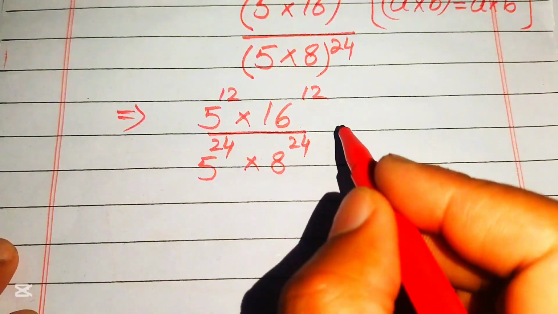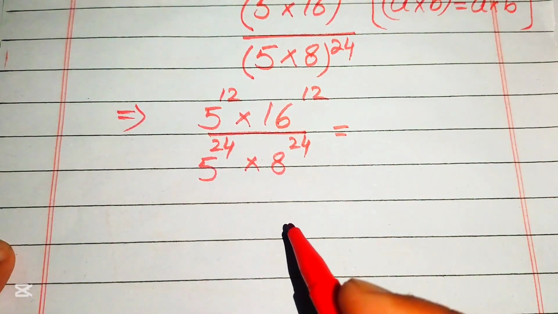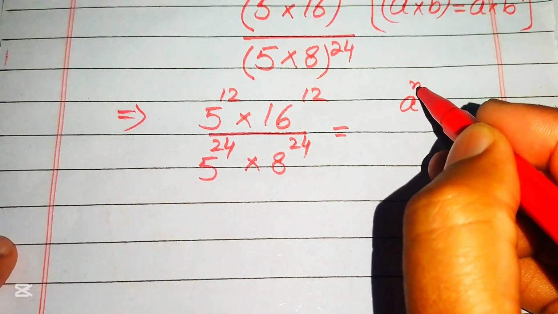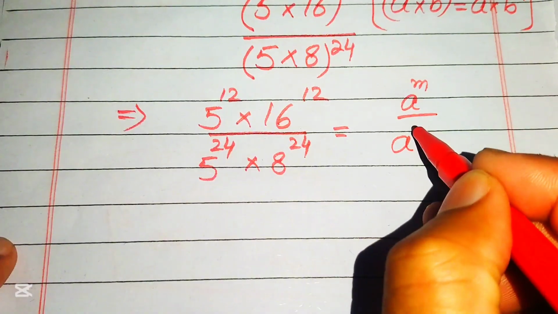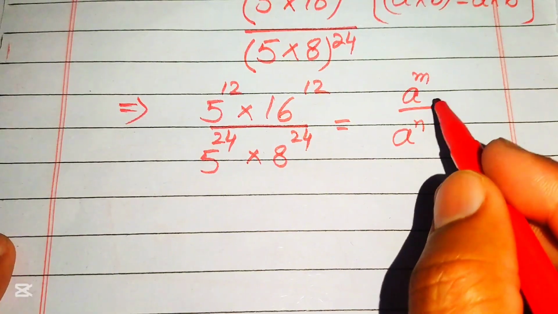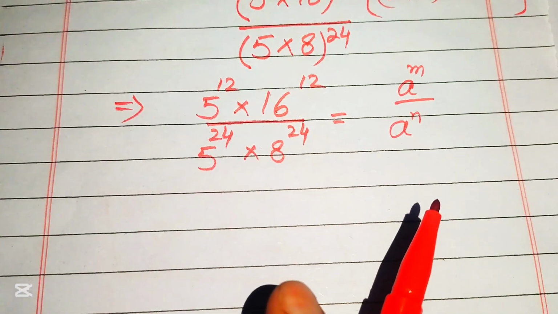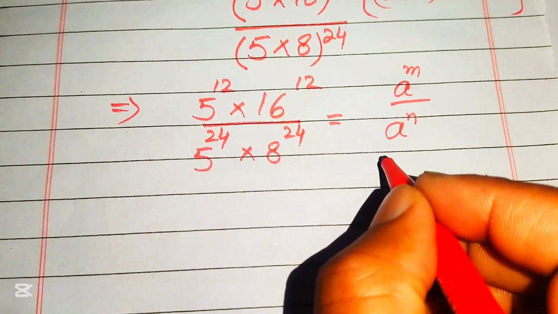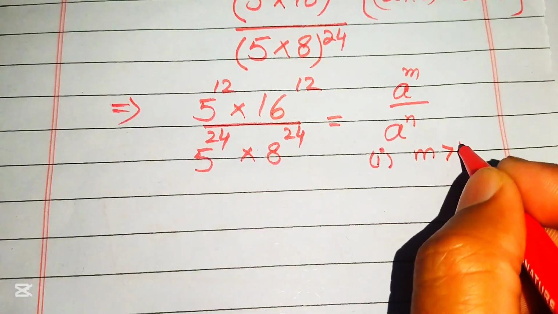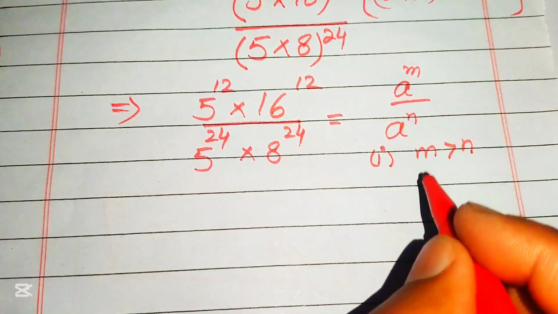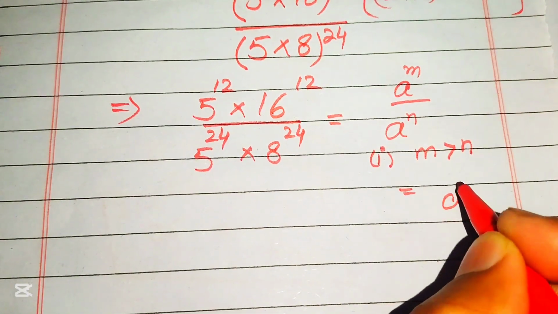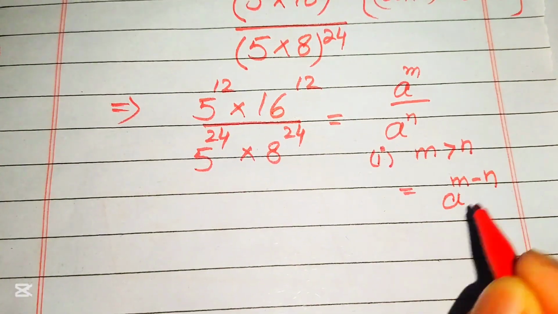Now in the next step we need more simplification, and here we apply another exponent law. You know that if we have a to the power of m divided by a to the power of n, this law has two cases. The first case is if m is greater than n, then the output of this exponent law is a to the power of m minus n.